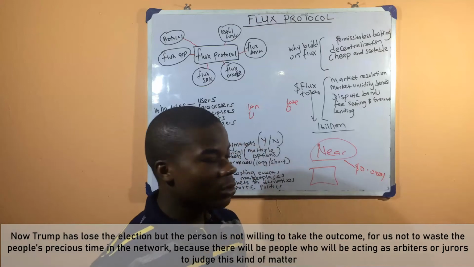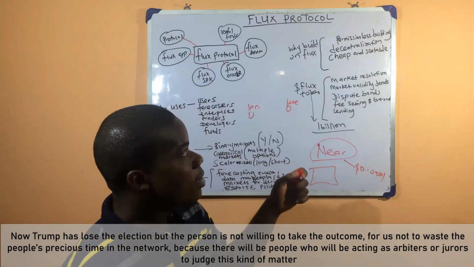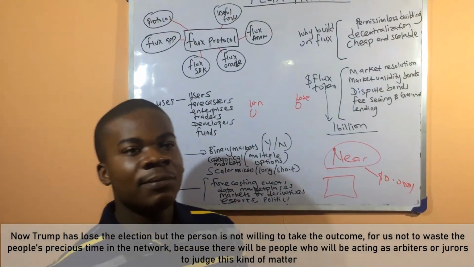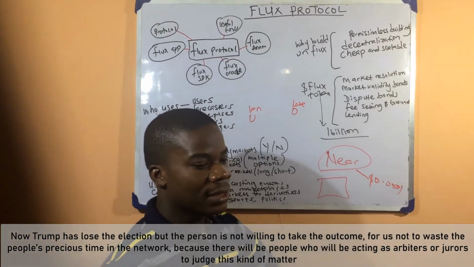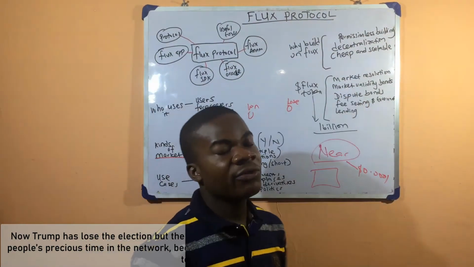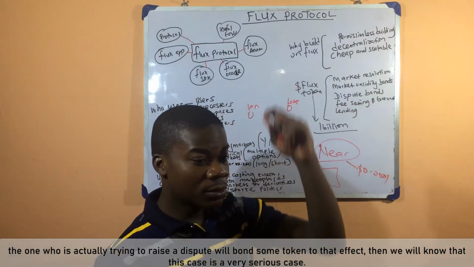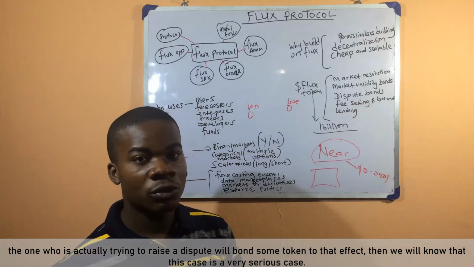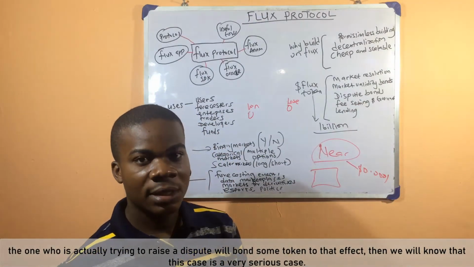Now Trump has lost the election, but the person is not willing to accept it. For us not to waste people's time on the network, because there will be people acting as arbiters or jurors to judge this kind of matter, the one who is trying to raise a dispute bonds some tokens to that effect, so that we'll know that this case is a very serious case.